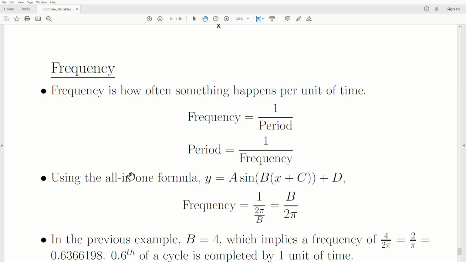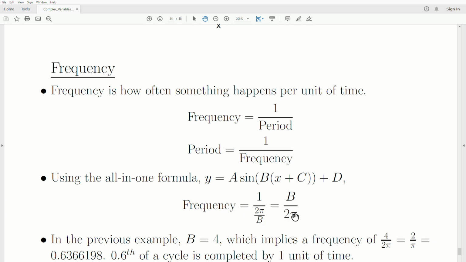So using the all-in-one formula, A times the sine of bx plus c plus d, the frequency is 1 over 2 pi over b, right? 2 pi over b is the period. And of course you can invert and multiply, so it's b over 2 pi. And that's the frequency.